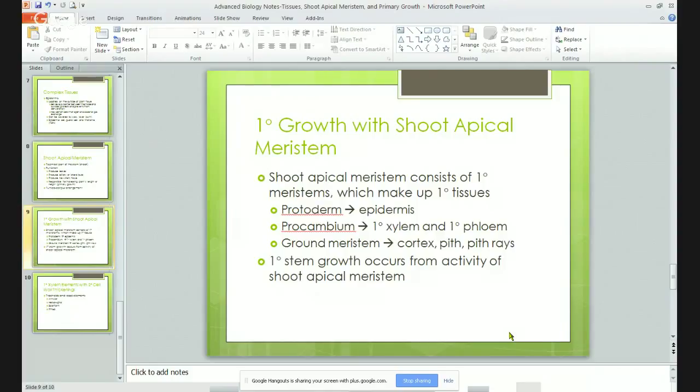That's going to be your xylem. I don't know how well you can see it because I drew it out of order and then realized I needed to stick it in there. But your xylem is on the inside. There's a thin line there in between the xylem and your epidermis. That would be your phloem.